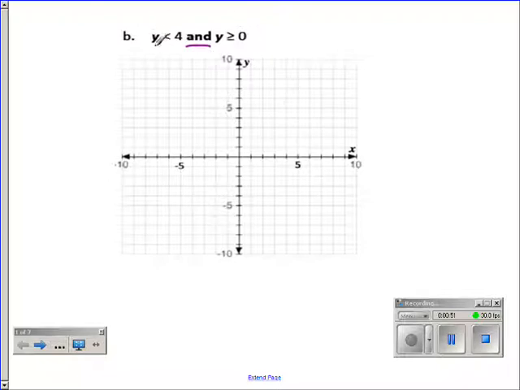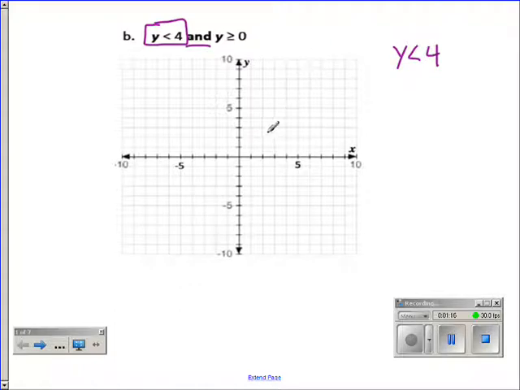So if you remember right, this may look confusing at first because there's so much to look at. Let's break it apart. Let's look at the inequality y is less than 4. First we're going to graph the line y equals 4. If this is an equation, what if y were equal to 4?